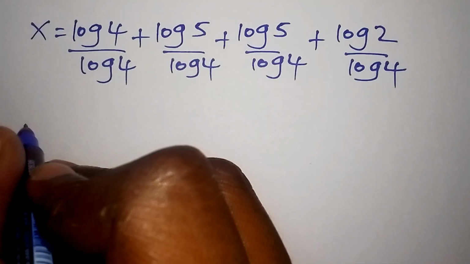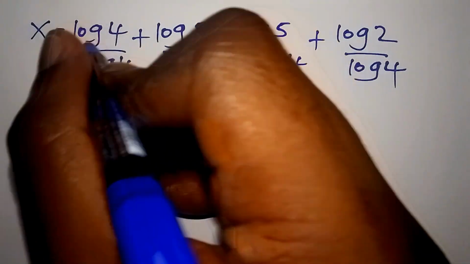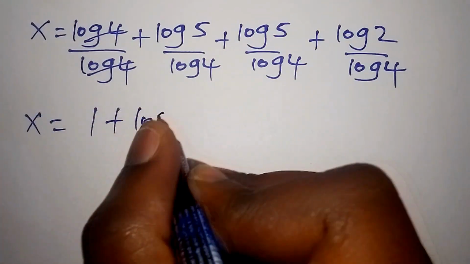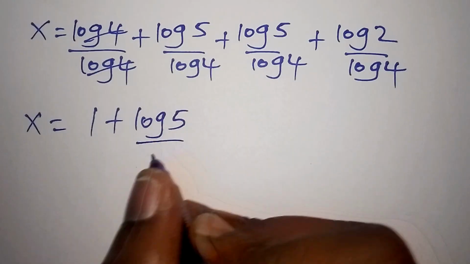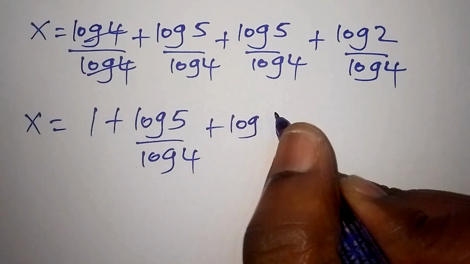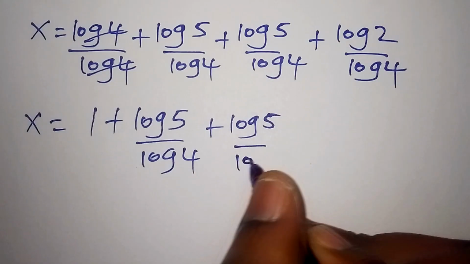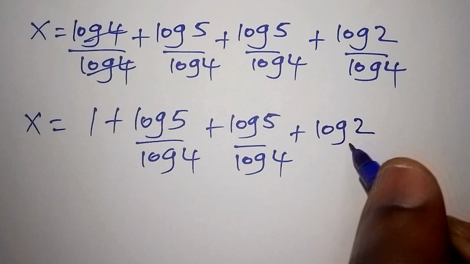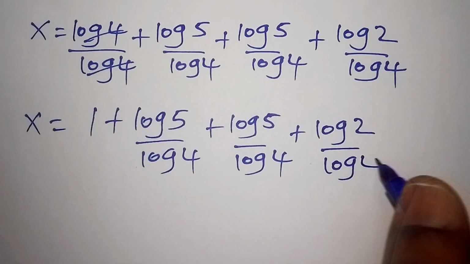Log 4 and log 4 cancel, so we have 1 plus the log of 5 all over the log of 4, plus the log 5 all over the log of 4, plus log 2 all over the log of 4.